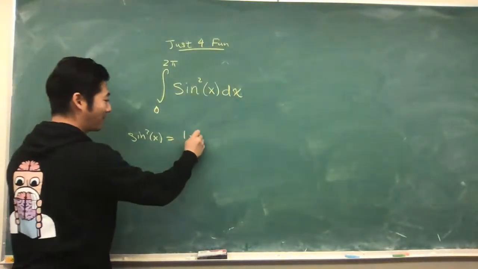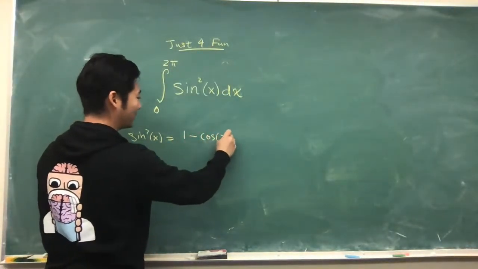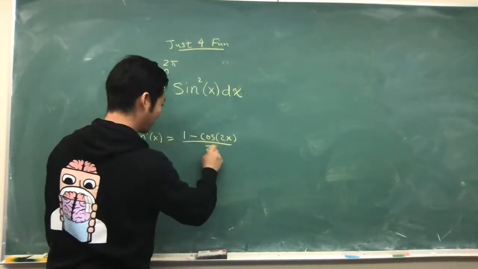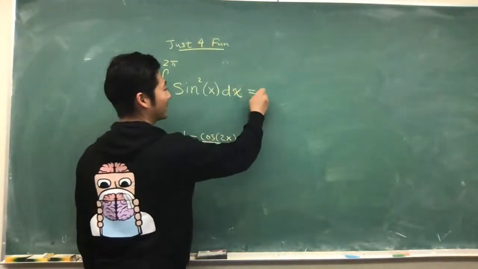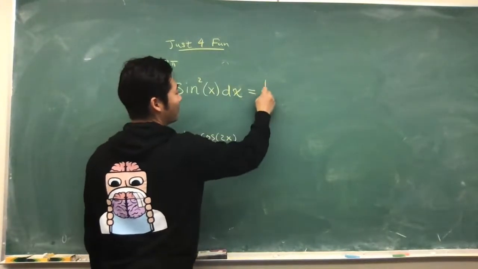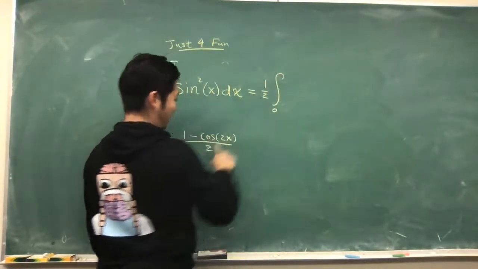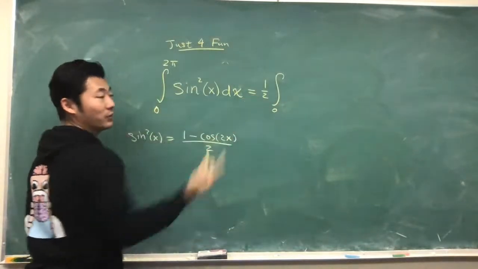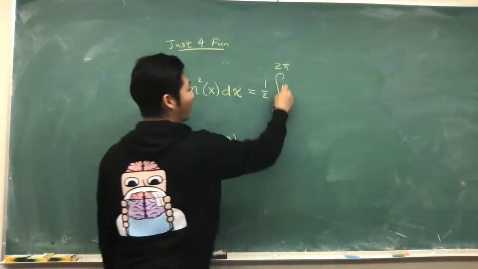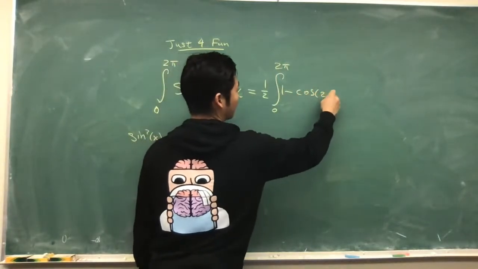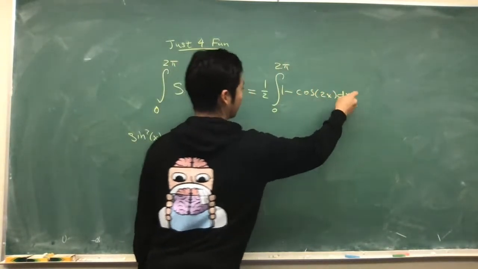This is 1 minus cosine of 2x over 2. And so just replace that with that. So this is going to be 1/2, because this is divided by 2. And you can move the constant outside, 0 to 2 pi, of 1 minus cosine 2x dx.